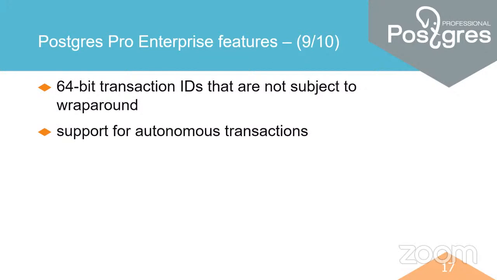The two other features are 64-bit transactions ID, which allows you not to hit the wraparound issues if you have lots of transactions in your database, and support for autonomous transactions, which can be useful for designing your applications for database.